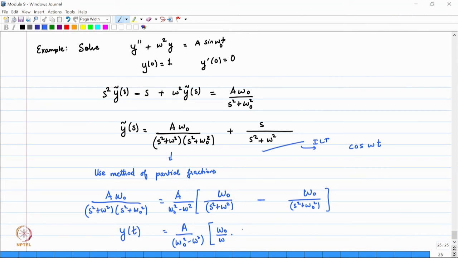The inverse Laplace transform of that is just sine omega t, and the inverse Laplace transform of this is just sine omega 0 t, and the last term is cosine of omega t. So, this is the solution, and we have used this method of partial fractions to write this expression.